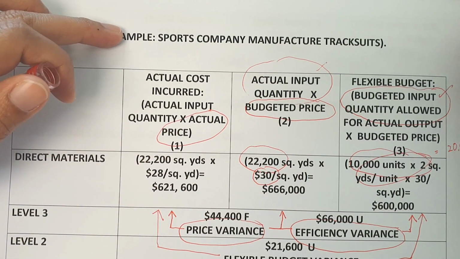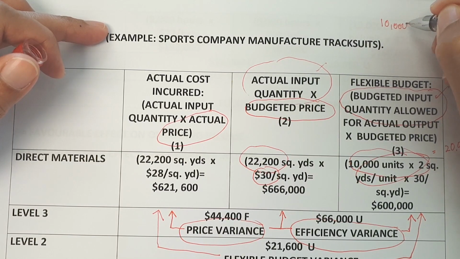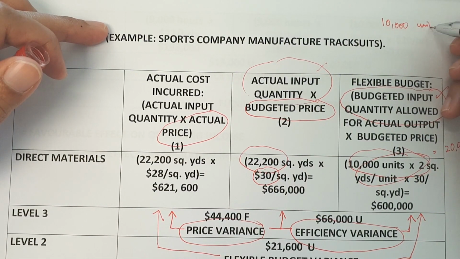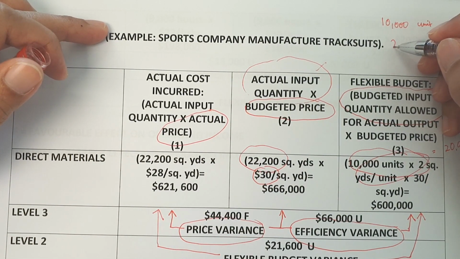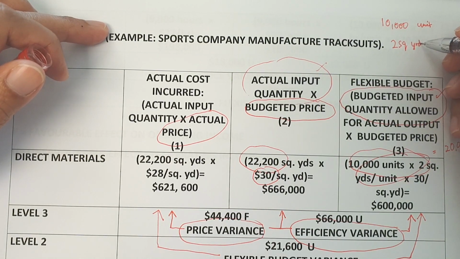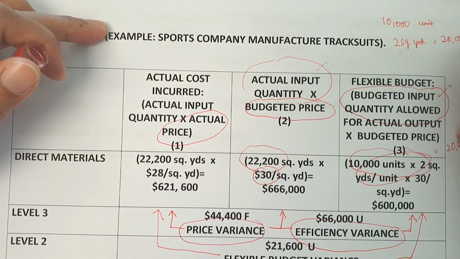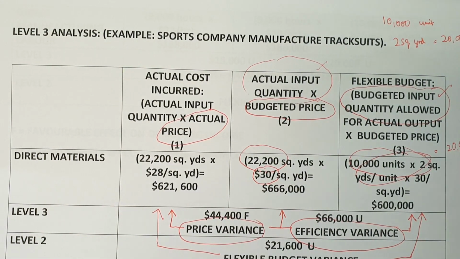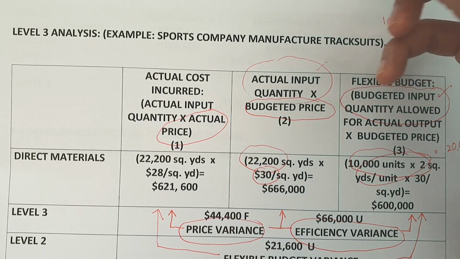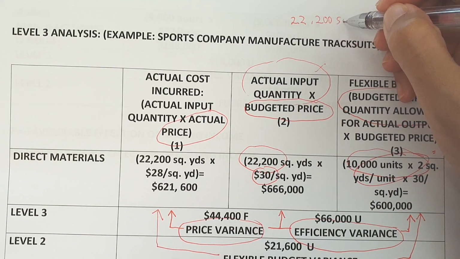Because we already planned that in order to produce 10,000 units, each unit simply uses 2 square yards, so it will lead to 20,000 square yards of the material. But in reality, we actually use 22,200 square yards.